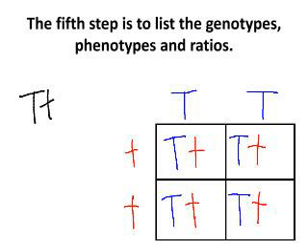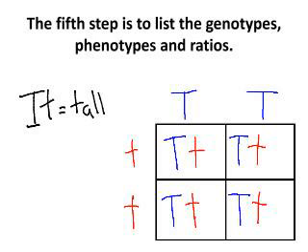Then, once you've listed every genotype, you determine what the phenotype would be. So if you remember that the capital T was the dominant, the capital T is dominant, and that is the allele that codes for tall, this plant will be tall.